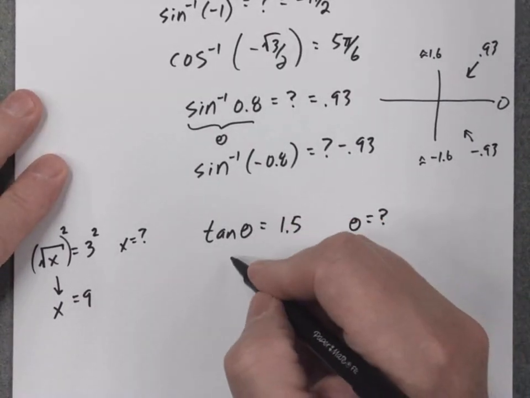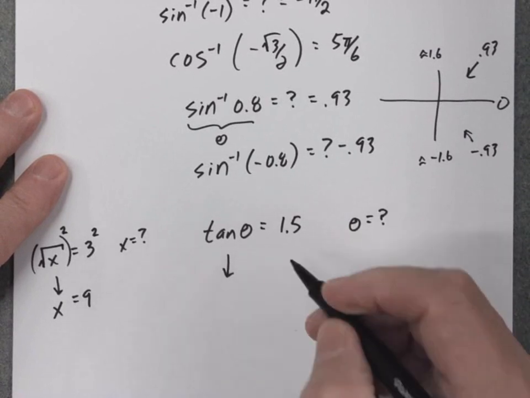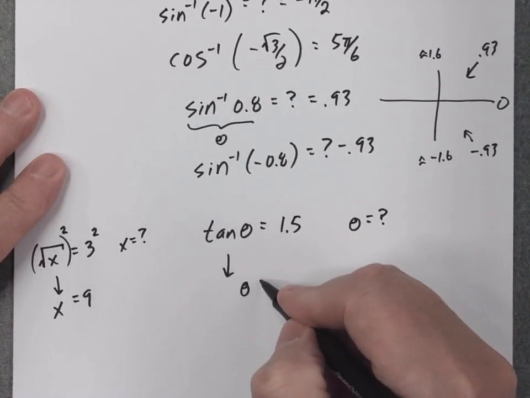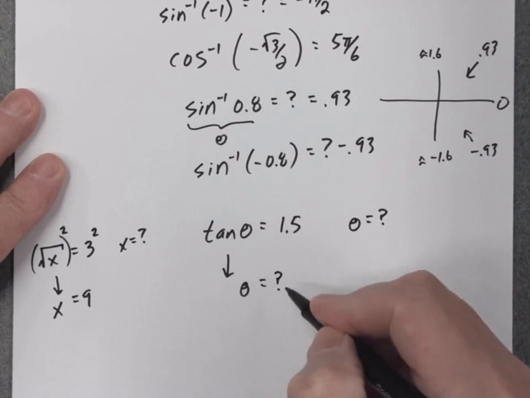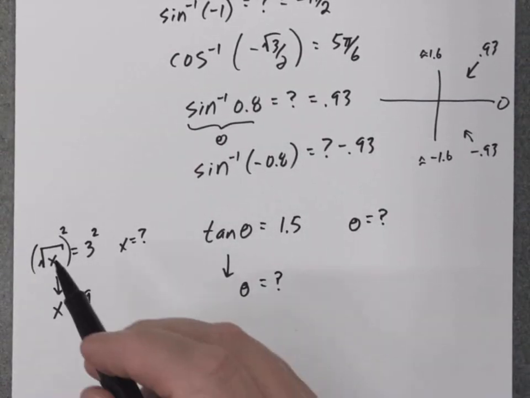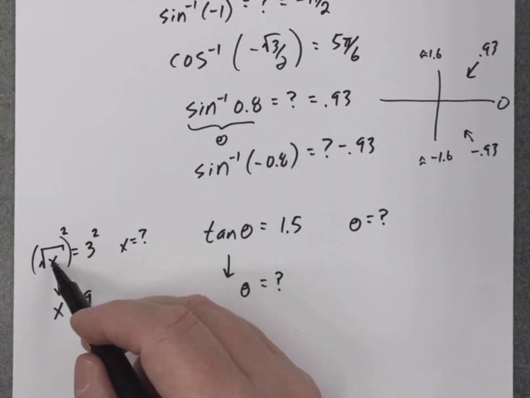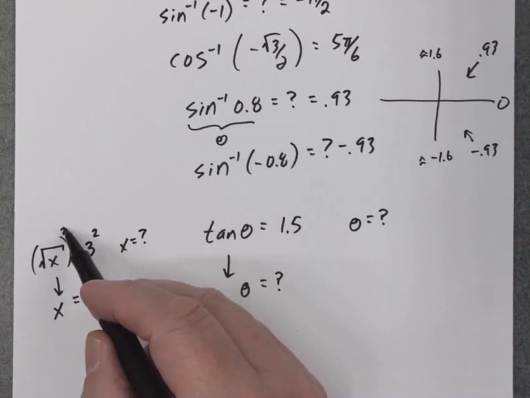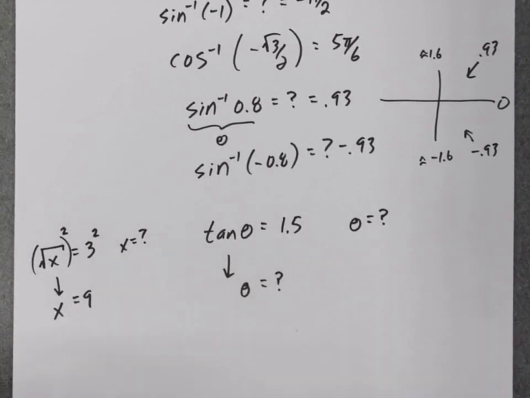Well, we need to do the same thing here. We have tangent of theta equals 1.5, but I want to know what theta should be. Just like if I had a square root and I thought of my x being stuck under the square root, the way I can get at the x is I square it, because when you square a square root, it cancels it out.